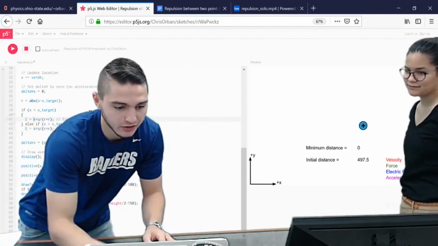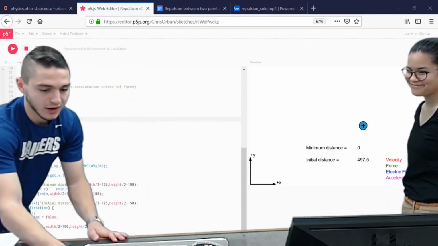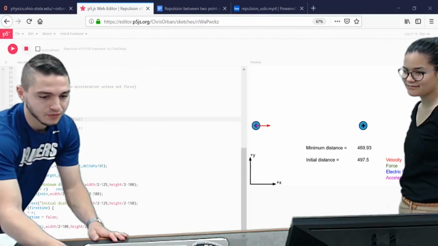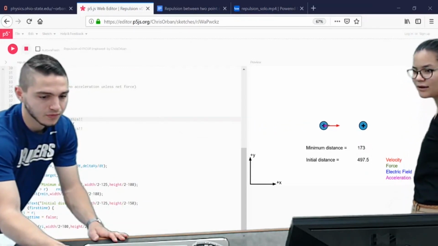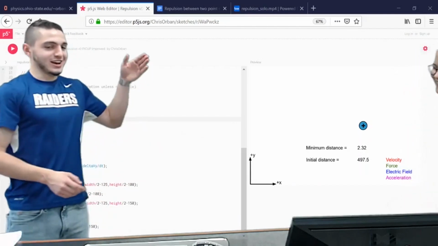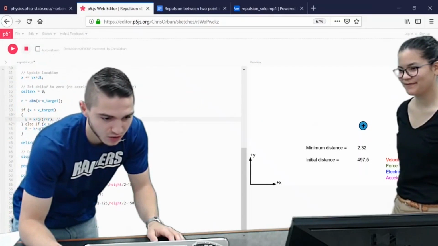Otherwise, I'll show you what it looks like if we just ran it that way. And you get an acceleration that's incredibly huge, so we don't want that.